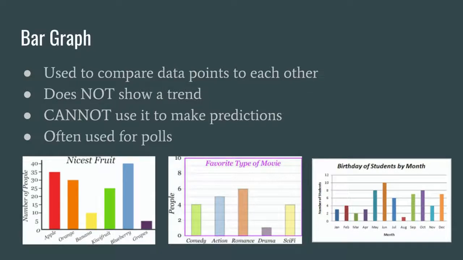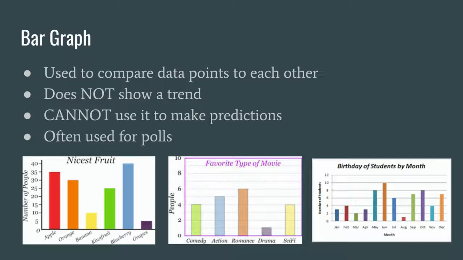But it doesn't really show a trend, right? You can't go from right to left and say, oh, the numbers have changed this way, because they're showing separate data points to each other. And you cannot use it to make predictions in the same way that you can with line graphs.